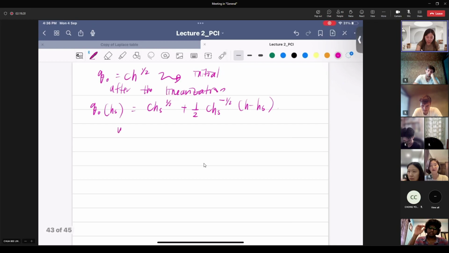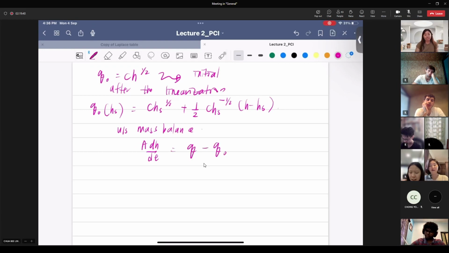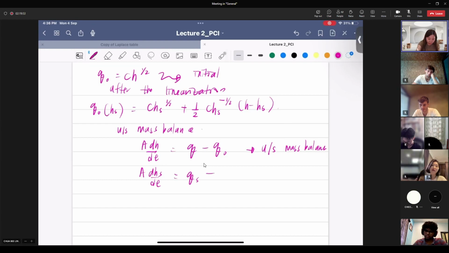Then just now you have your unsteady state mass balance, which you have derived: A dh over dt equals Q minus Q0. Just now, this is the unsteady state mass balance. And your steady state mass balance should be A dh_s over dt equivalent to Q_s minus Q0_s.